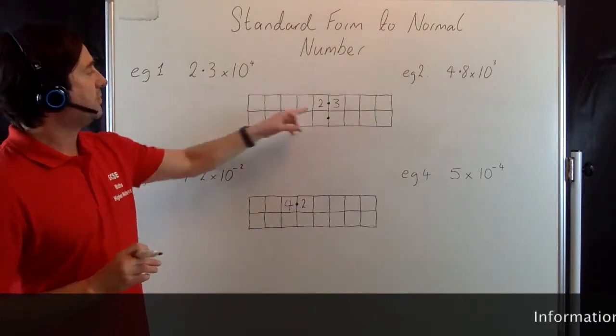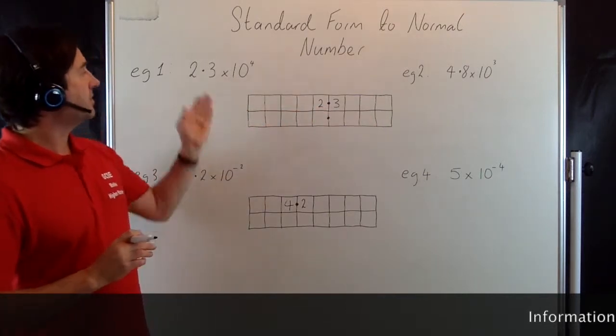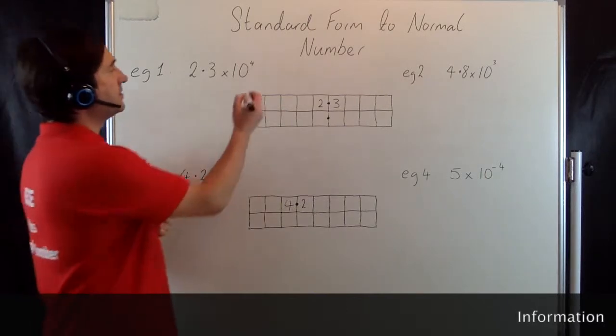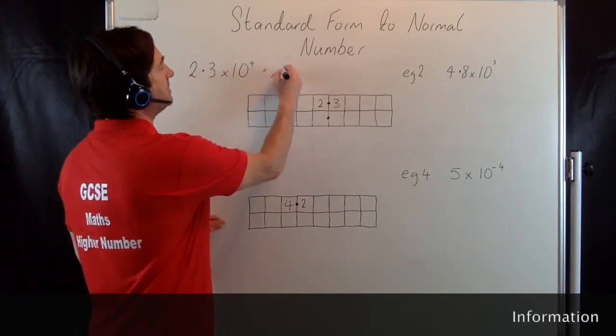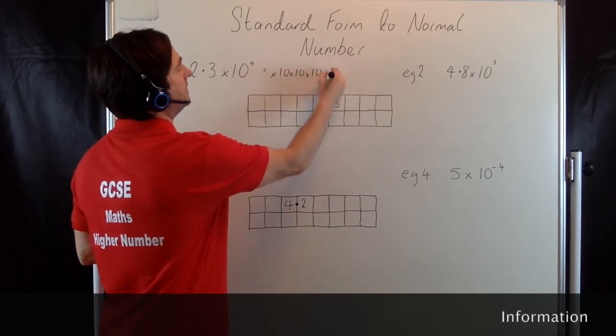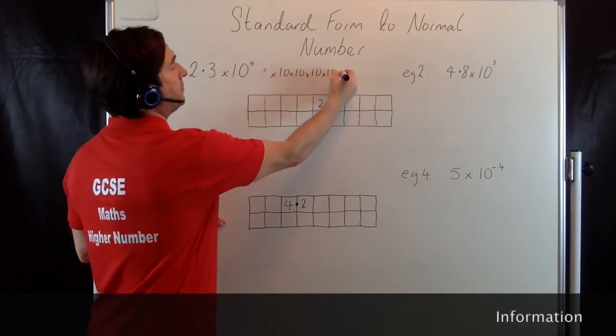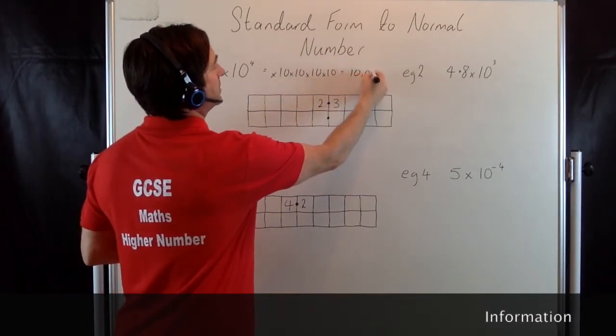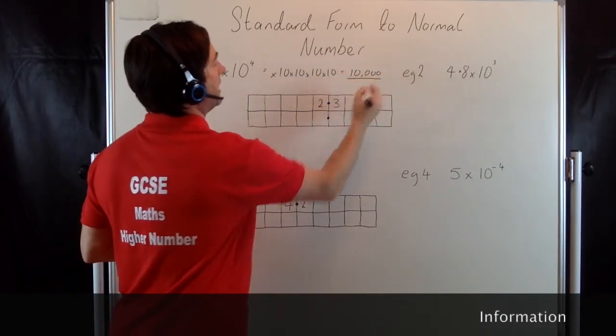I've got my number 2.3 here, and I'm going to times this by 10 to the 4. Timesing something by 10 to the 4 is the same as timesing something by 10 times 10 times 10 times 10, which, if we work that out, there's 4 zeros there, gives us the number 10,000.